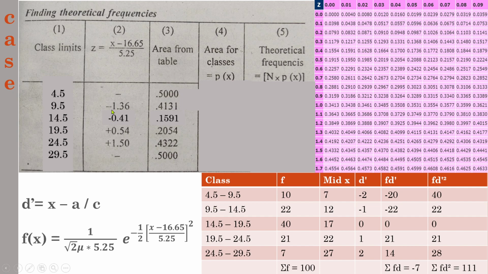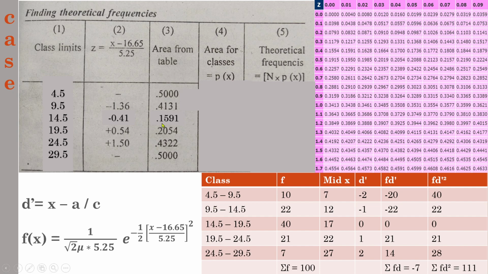After that, minus 1.36. So you go for 1.36, and the area is 0.4131. So write that like that, 0.4131. Next one, 0.41, that is 0.1591. So write it down like that.